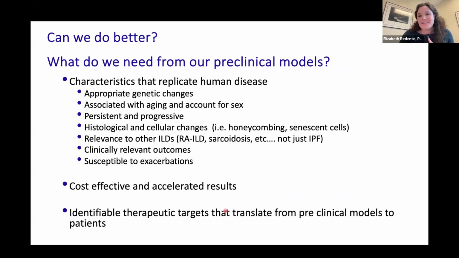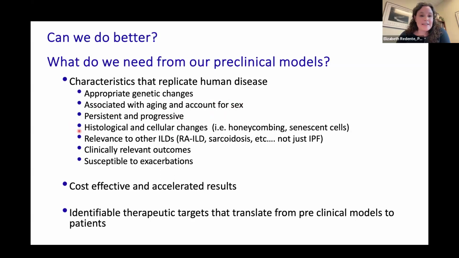So I think what this sets the stage for, after looking at the single dose model and thinking about this meta-analysis, is this question of, can we do better? And what do we really need from our preclinical models to do better? And I think this is just a short list of things we can think about. We really want characteristics that replicate human disease. So those that maybe have appropriate genetic changes, association with an aging component, or accounting for sex differences; models that are persistent and progressive.